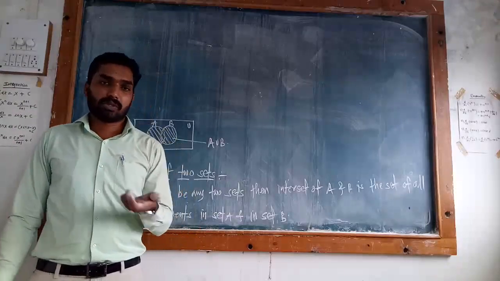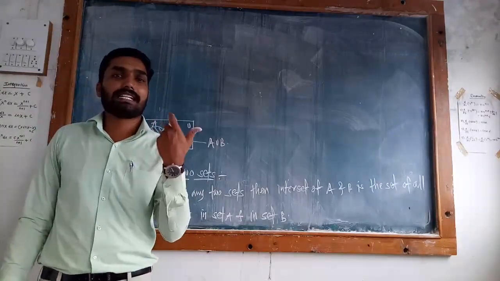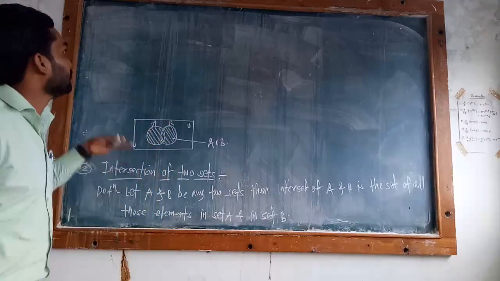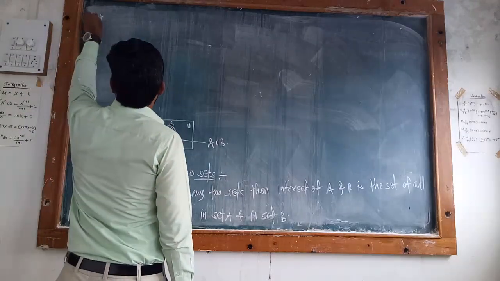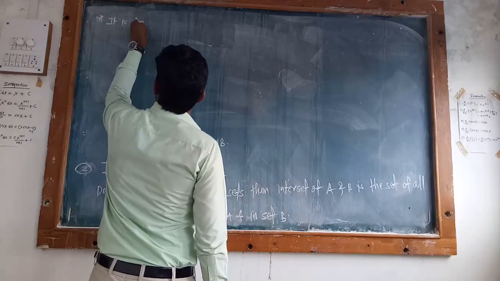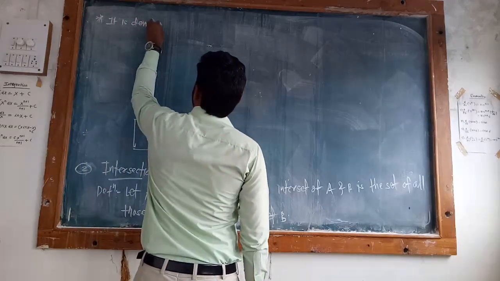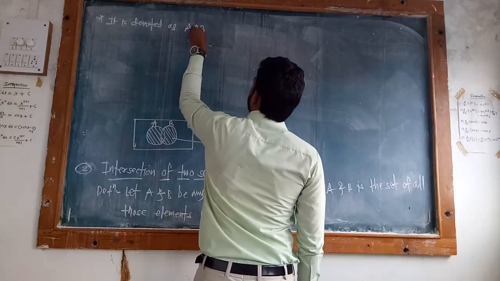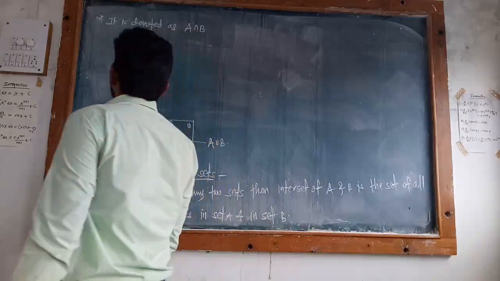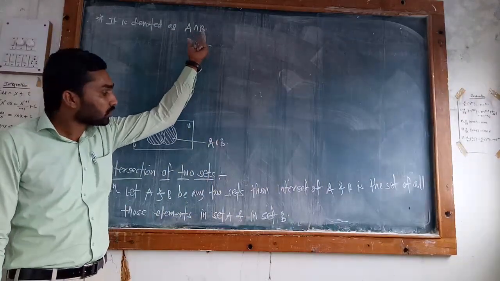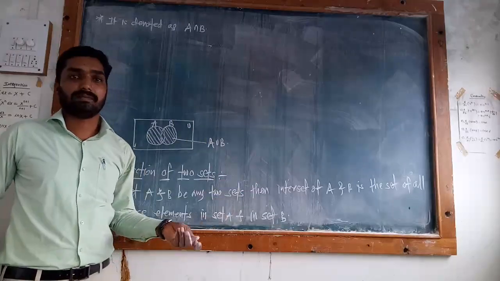We have to take common elements inside A and B. It is denoted as A intersection B. Intersection means take common elements in A and B.